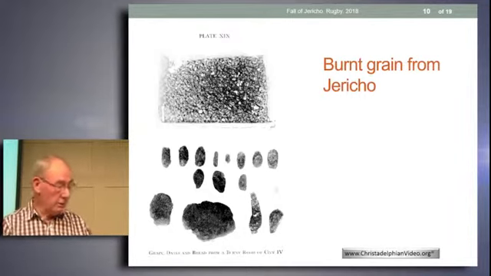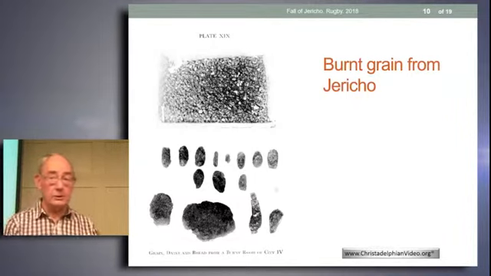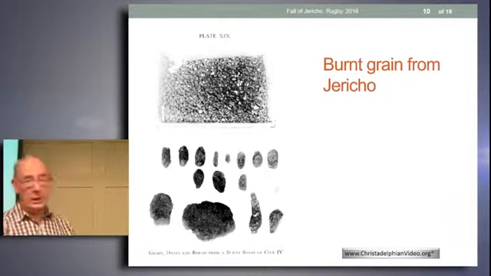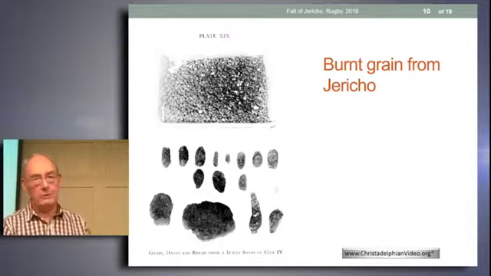And this is a cross section, which again is a feature of the book that John Garstang's son wrote. A cross-section through the two walls of Jericho, which was obviously after it had been destroyed, because this was what it looked like in about 1924.